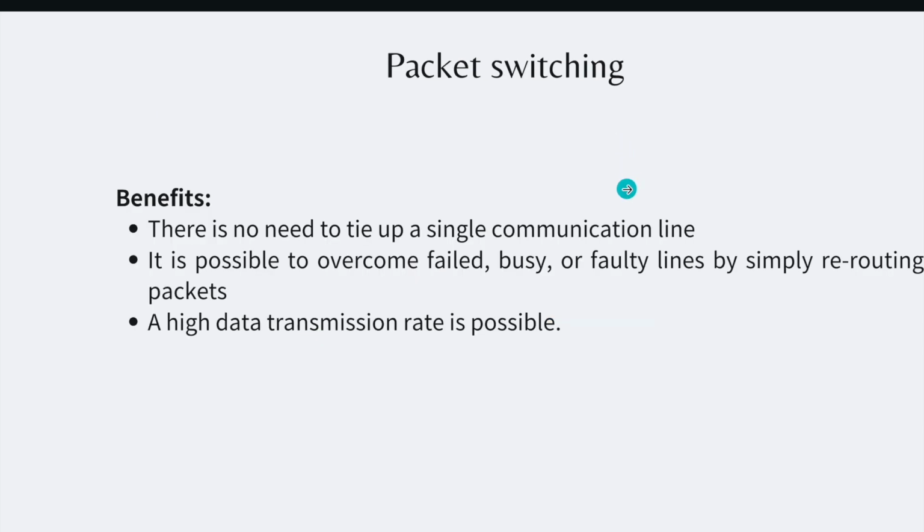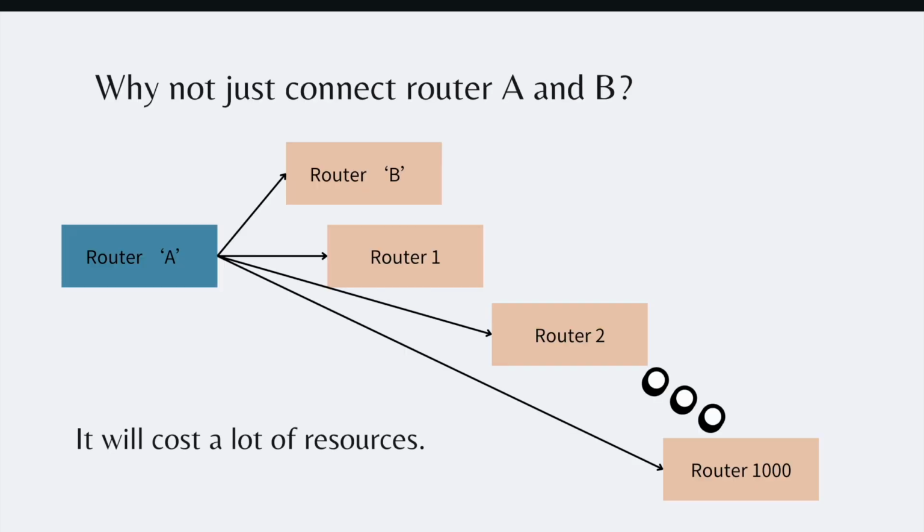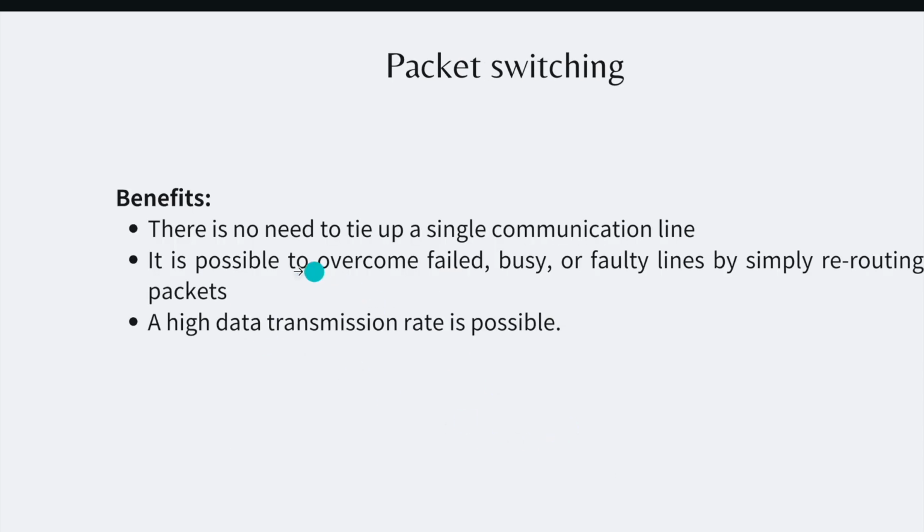Here are all the benefits of packet switching. First, there is no need to tie up a single communication line. It means that we don't need to build a line between each router, just like this one. Also, it is possible to overcome failed, busy, or faulty lines by simply rerouting packets.